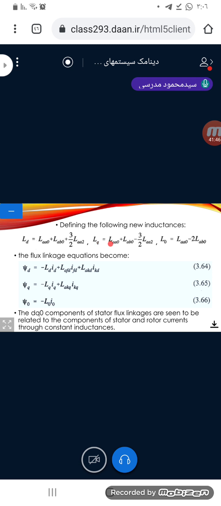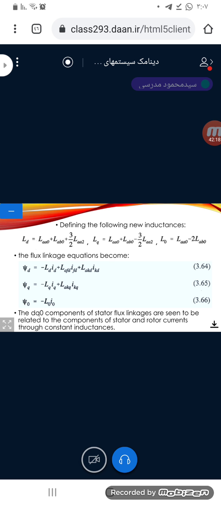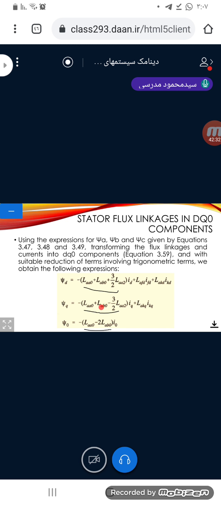And LQ is equal to this equation, and L0 is equal to this equation that you see in the previous slide. So LD, LQ, and L0.